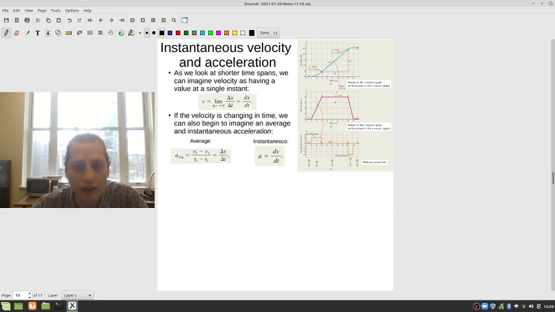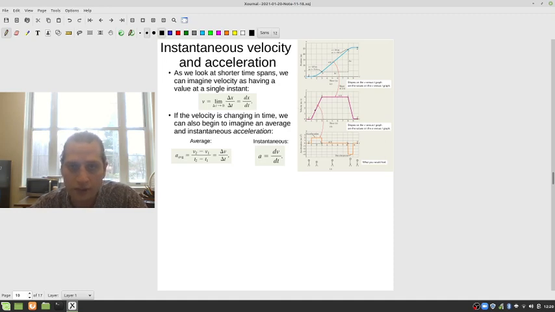When we have a flat graph in velocity, it doesn't mean we're not moving. It just means that our speed and our velocity is staying the same. So here our velocity is changing, we're getting faster. Here our velocity is staying the same, which you can see as a steady rate of moving forward. And here our velocity is slowing down, but I'm still going forward because it's still a positive number.